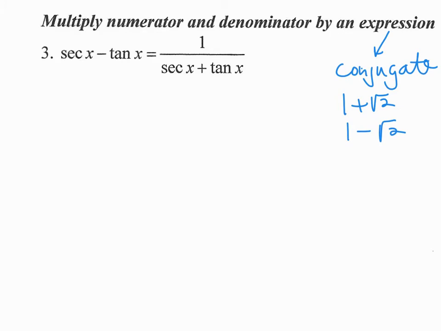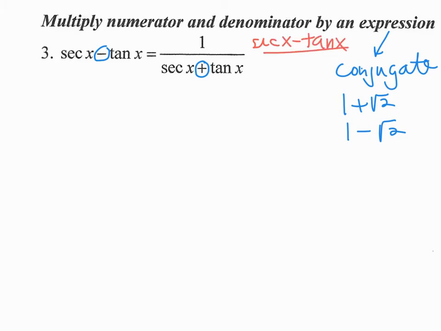So if I'm looking at number 3, and I see secant minus tan on the left and secant plus tan on the right, the conjugate idea should spark in my head, because on the left I have a minus, on the right I have a plus, and I can see that those would be conjugates. So I say, okay, maybe I'll take the right side and I'll multiply it by secant x minus tan x.